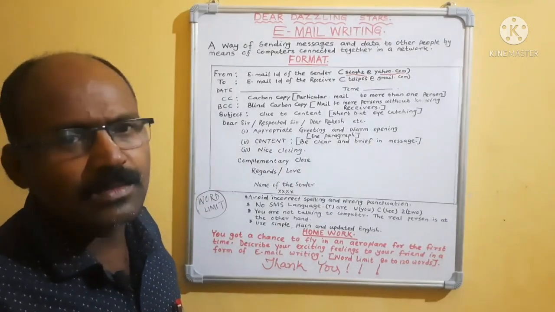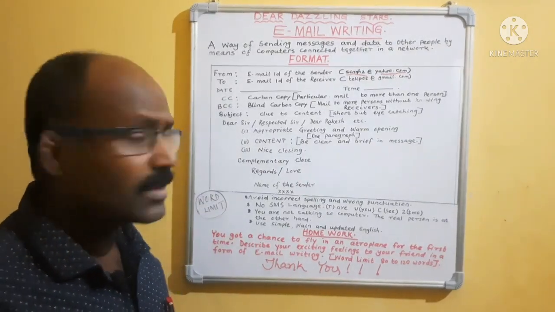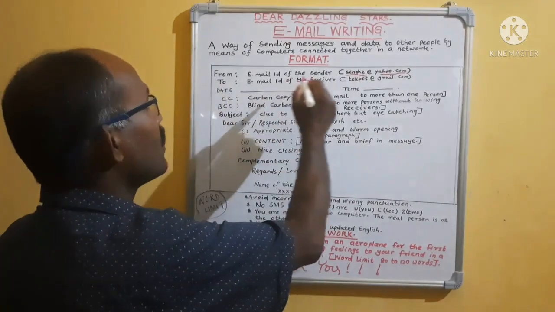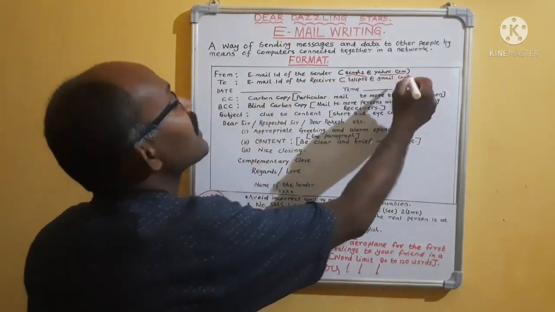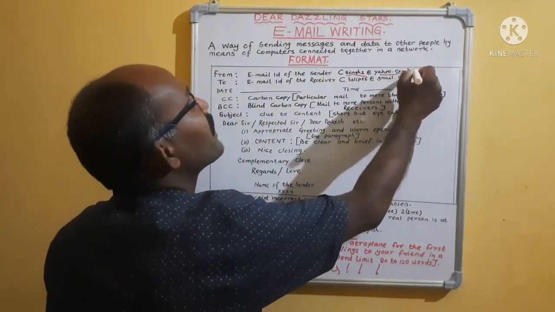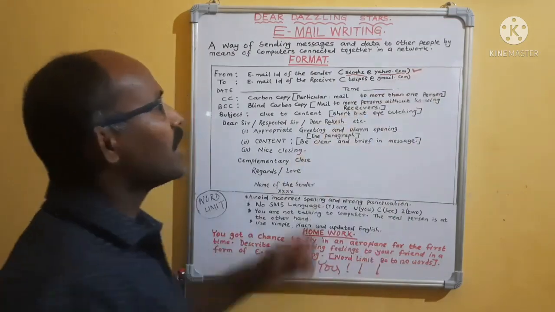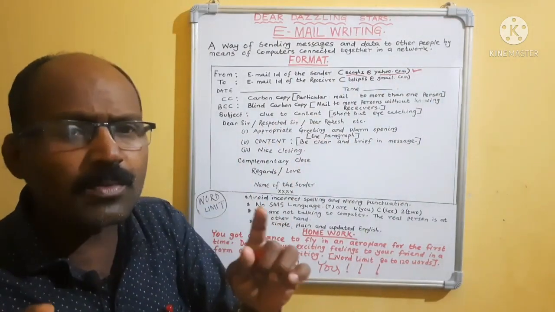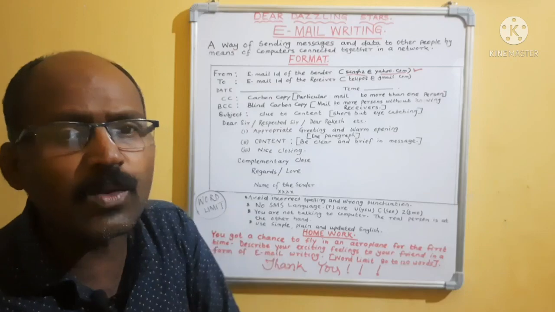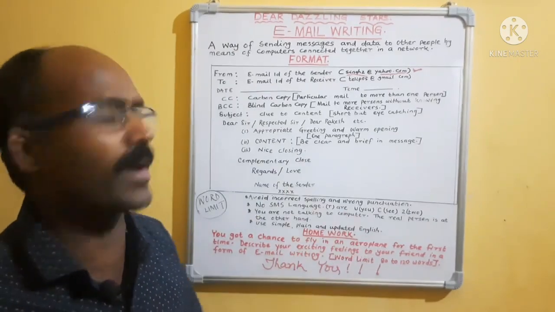You will create an account like this. So first comes the email ID of the sender, and here you have to write the email ID only. Other things are not required.